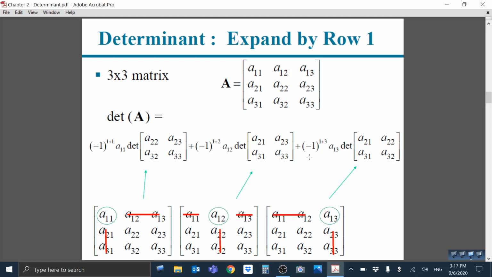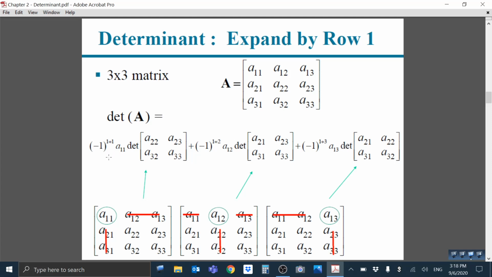So when I finish computation, here I have a 2 by 2 matrix, determinant of 2 by 2. We know how to compute it: in this case, A21 times A32 minus A22 times A31. So I need to compute 3 determinants of 2 by 2 matrices.